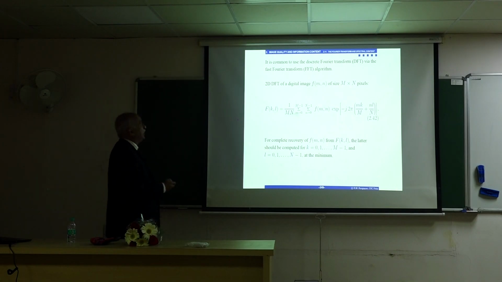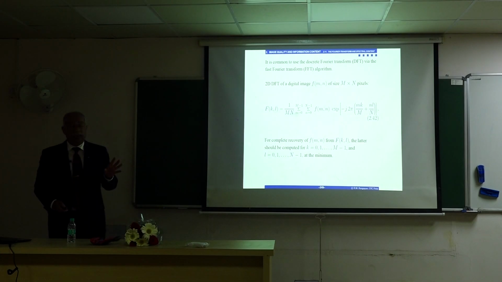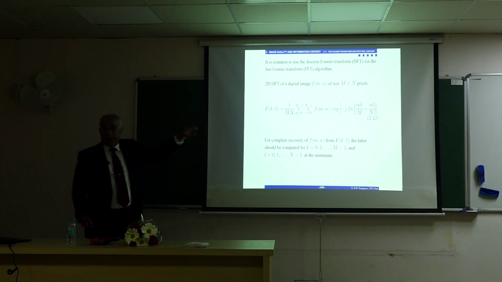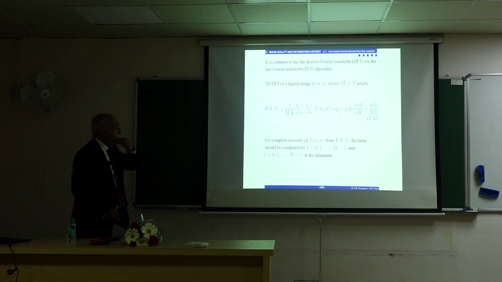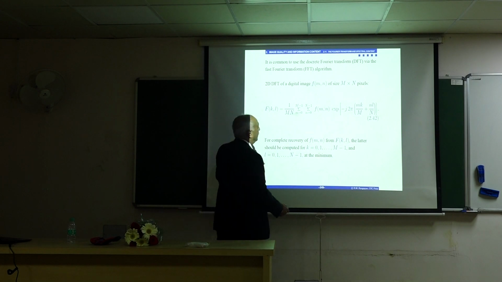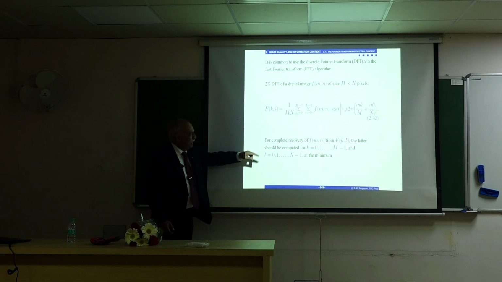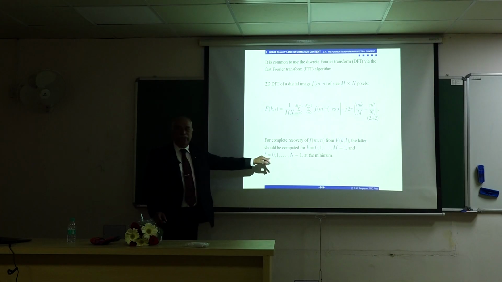So if you use discrete coordinates, then the DFT is f(m,n) summed over all m, n, exponential minus j2 pi (mk over M, or nl over N if the image is not square), and divide by MN. That's just direct digitization, digital representation like the DFT. For complete recovery of f(m,n) from F(k,l), the latter should be computed for k going 0 to M minus 1 and l going 0 to N minus 1.